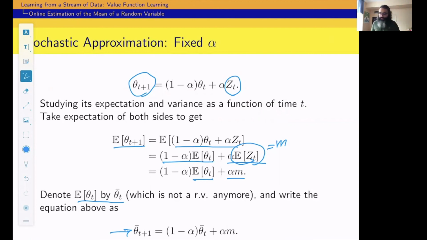Maybe before I go on, what do you think happens for the expectation, this theta bar t, when t goes to infinity? Does it converge to m or not?